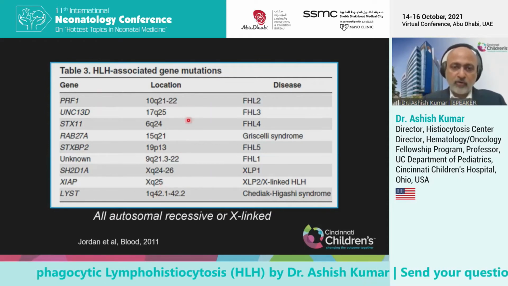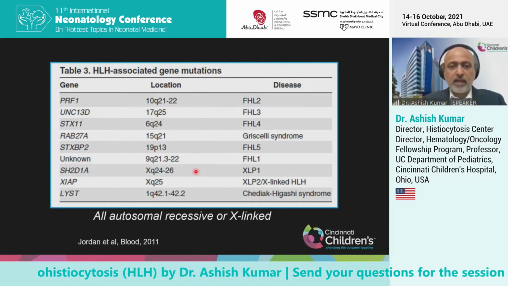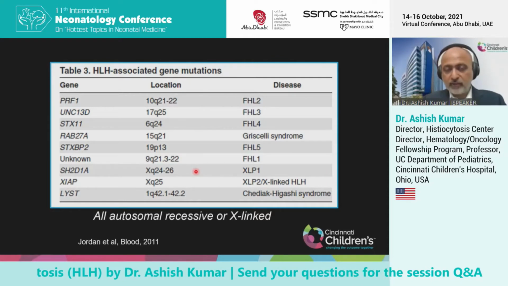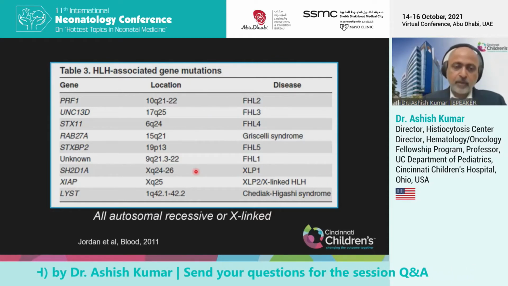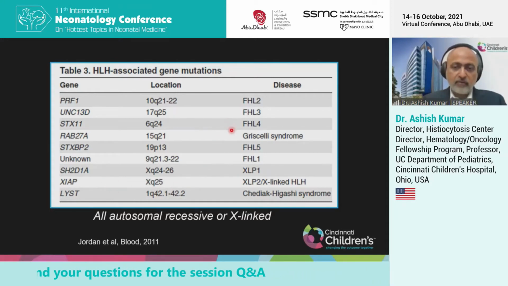But we now know of all of these genes, the majority of them are autosomal recessive, and when you have two defective alleles, you manifest the disease. Two of them are actually X-linked, and so only boys will be affected, but many of these can be manifested very shortly after birth or in the first year of life.